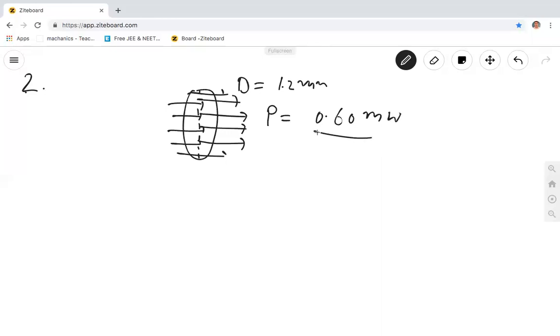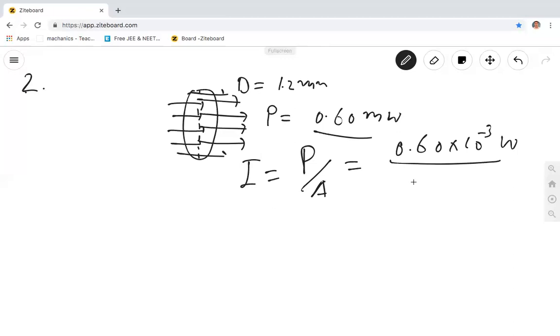What is the average intensity of this beam? Let me define average intensity. Intensity is defined as power per unit area. Power is 0.60 milliwatt, 10 raised to the power minus 3 watt, divided by area, that is pi r square.